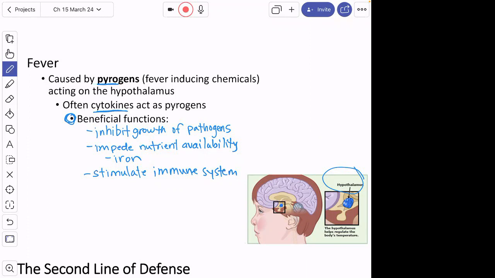This can increase phagocyte activity, and make them work a little bit faster, and increase the mobility of white blood cells. Okay, and I would say that's a real thing. It's like we know that's probably the best benefit in terms of fighting a fever.